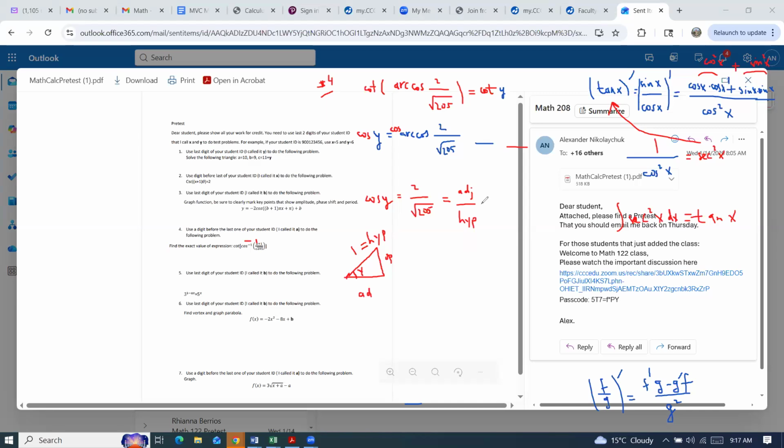So adjacent and hypotenuse. So it looks like we have adjacent and hypotenuse. And here, I can declare that my adjacent side is going to be, I shouldn't have put 1, I just put square root of 205.